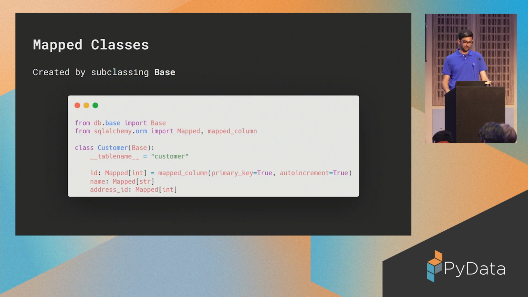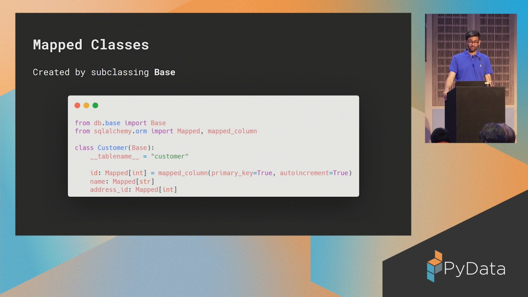So we map classes, for example, for the customer. The class inherits the base class that we defined in the previous slide. The first attribute is the dunder tablename class variable, where we can say the table name of this ORM. For example, here we have the customer table for the customer class.